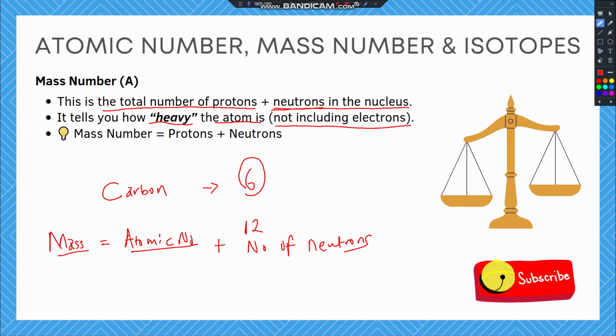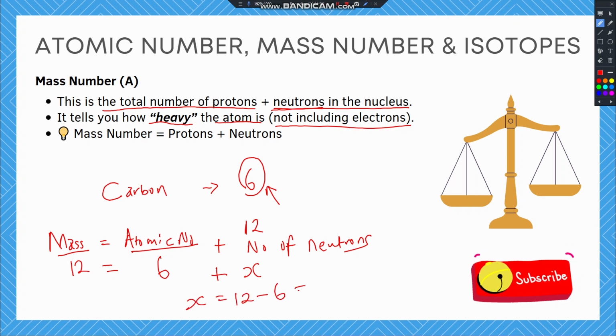So if the mass number is 12 for carbon, the atomic number is 6, because we have identified the atomic number of carbon to be 6. The number of neutrons, let's call it X. Therefore, X will be equal to 12 minus 6, so the number of neutrons is 6. Adding the number of neutrons, 6, plus the atomic number, 6, gives us the mass number, which is 12.